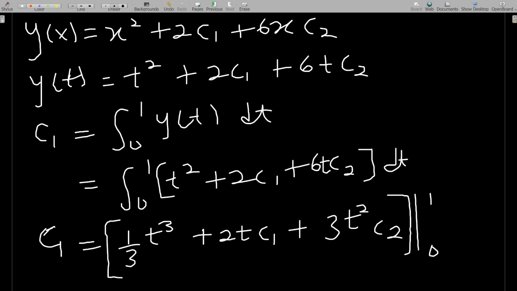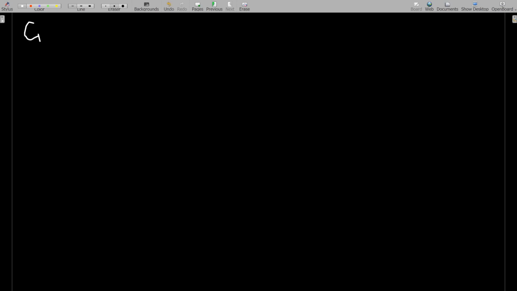So when I put 1 in, I'll get c1 to be equal to one over 3 plus 2c1 plus 3c2.